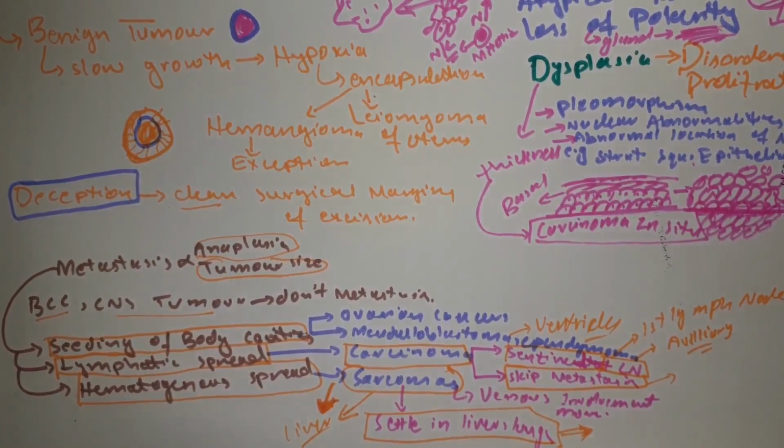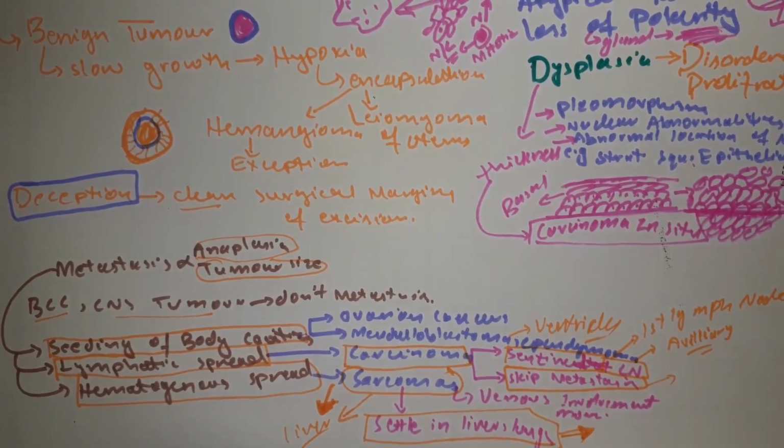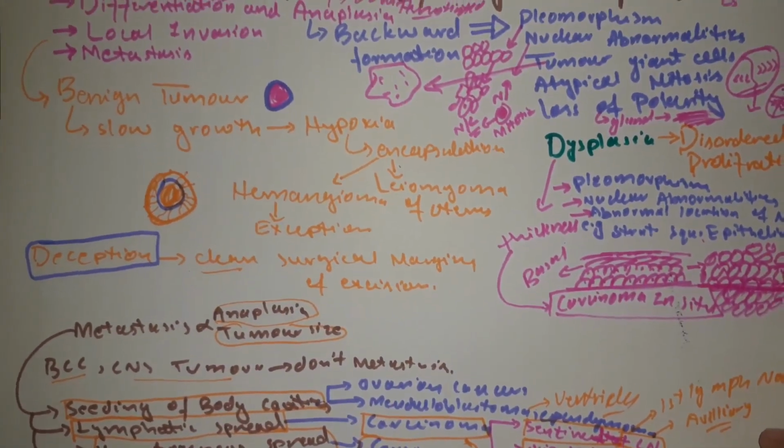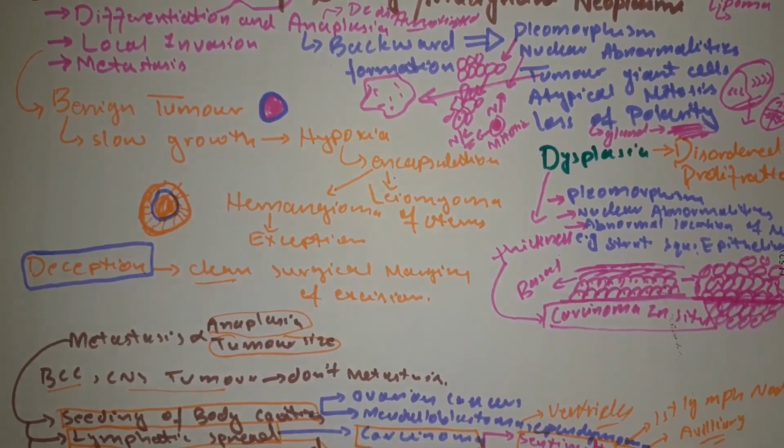In the very same way, a cancer that invades the vena cava goes into the heart, and from the heart it settles into the lungs, which is the first capillary bed it encounters. So these are the different sites of settlement. However, these are not always hard and fast rules. Cancers don't follow the rules, sadly, and they can deviate from all the rules set by human beings.